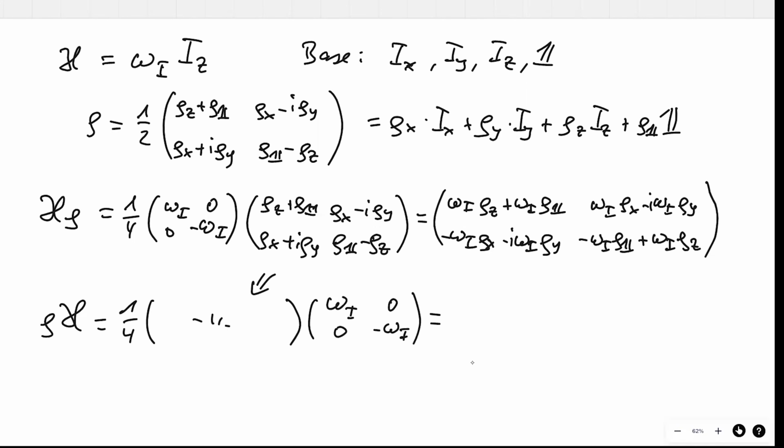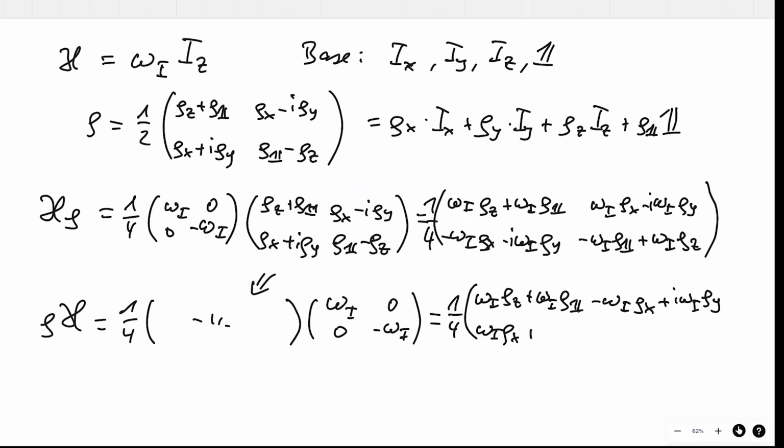And there we will end up with omega I rho z plus omega I rho 1, minus omega I rho x plus I omega I rho y, and we have omega I rho x plus omega I rho y, and here we have minus omega I rho 1 plus omega I rho z.